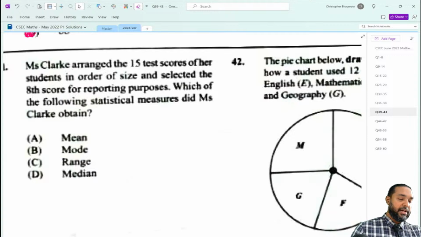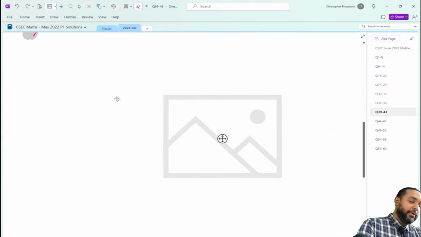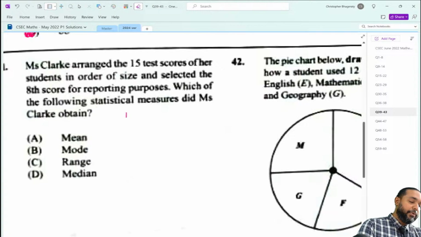Right, so Ms. Clark arranged the 15 test scores of her students in order of size and selected the 8th score for reporting purposes. Right, which of the following statistical measures did Ms. Clark obtain? Right, so that's the halfway point. How do I know? So if I have 15 items, and I have the first 1 to 7, then I have the 8th, and then I have 9 to 15.